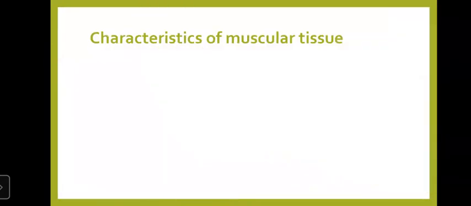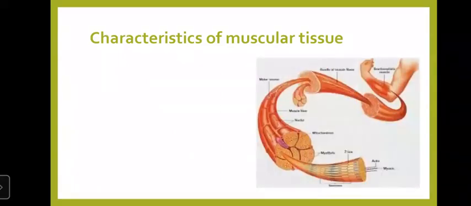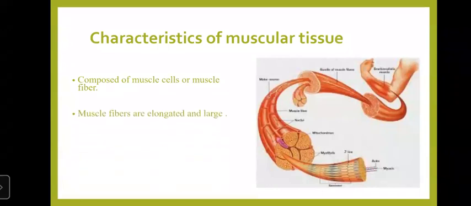Let us study the characteristics of muscular tissue. It is composed of muscle cells or muscle fibers. This is called a muscle fiber. It is also known as myofibril. Muscle fibers are elongated, as you can see in this structure.